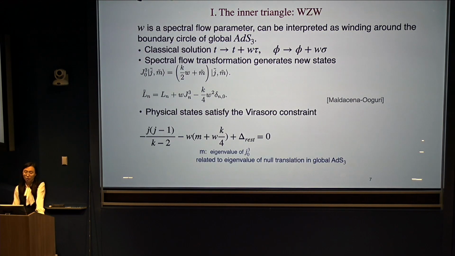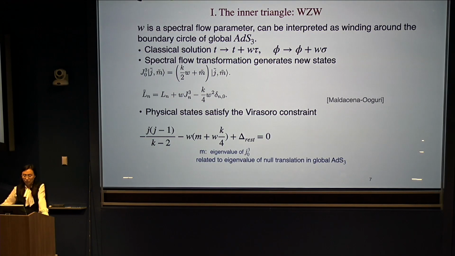To understand this winding, there is a classical description. Basically, starting from states without winding, at the classical level, you can change the solution by adding some zero mode to the classical string solution in the time direction and phi direction in global AdS spacetime.